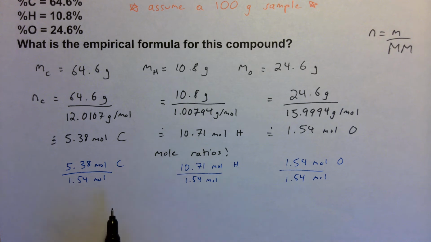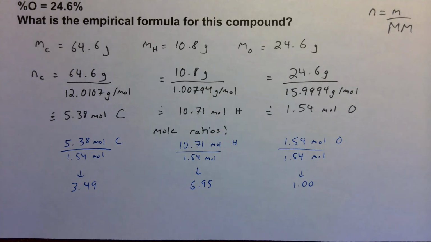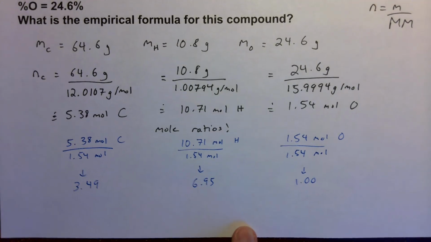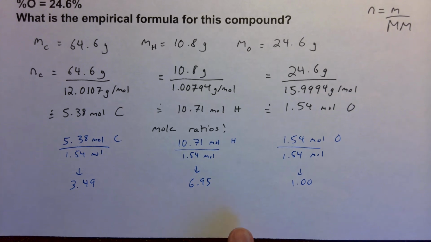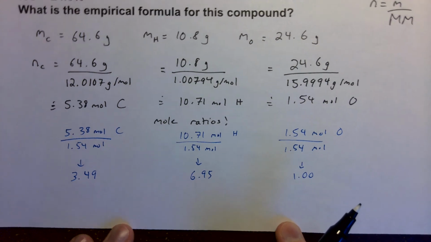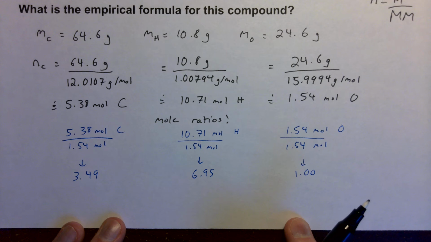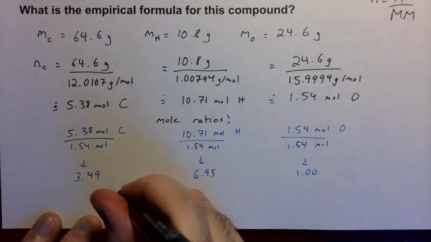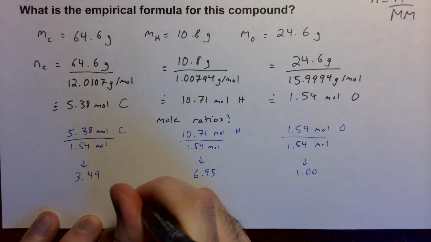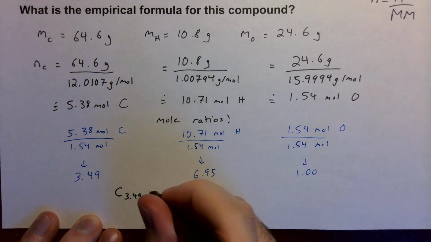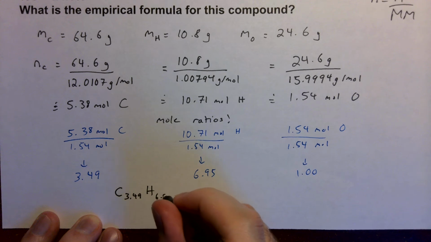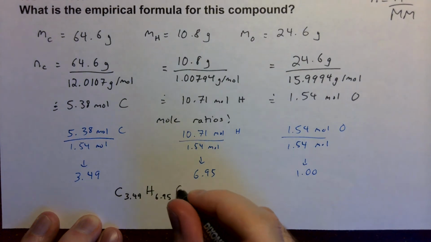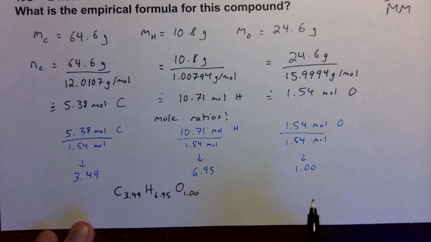So I'll just do that quickly. Alright, so I've determined the relative ratios or proportions for each of the elements within this compound here. So our next step is to write this in an actual chemical formula, and just by inspection we'll see if it looks okay. So for the carbon, that would give us C 3.49, and for the hydrogen 6.95, and then for the oxygen 1.00.